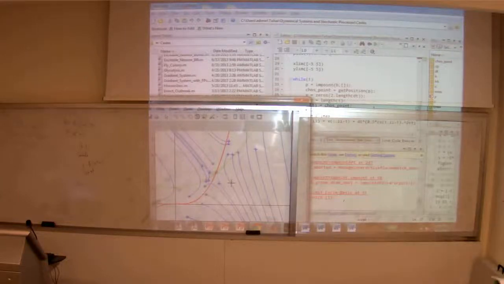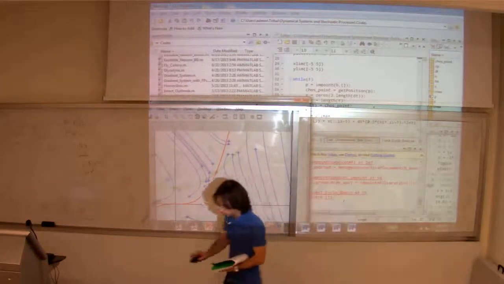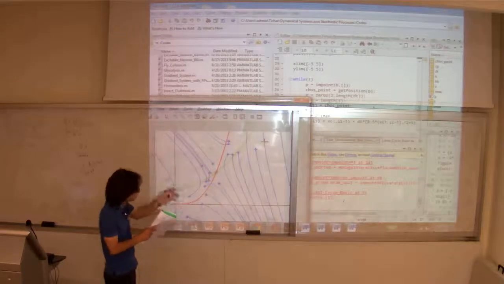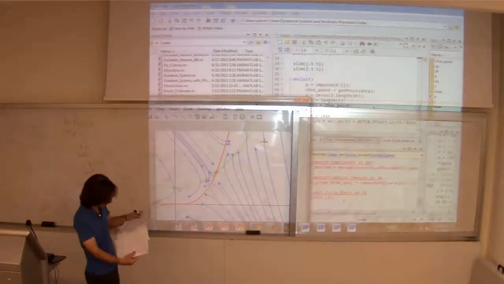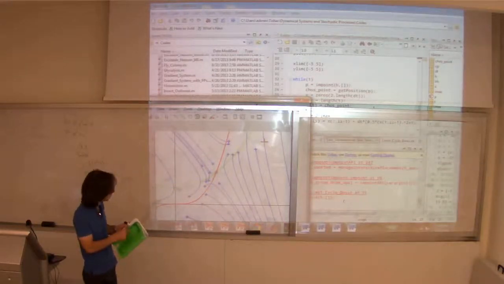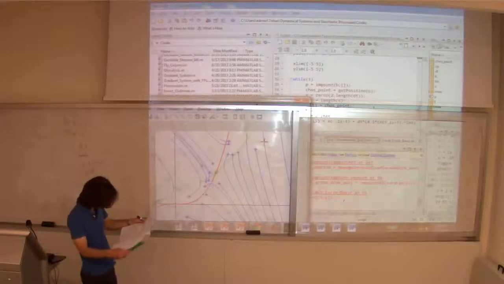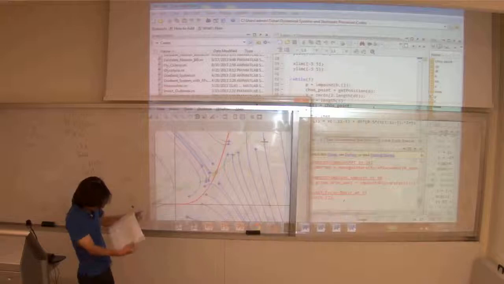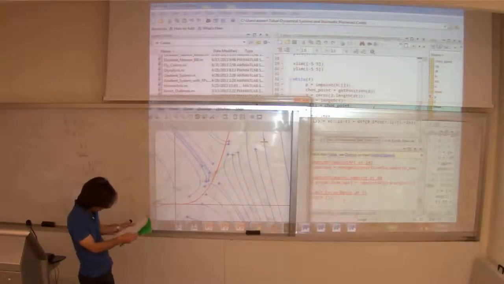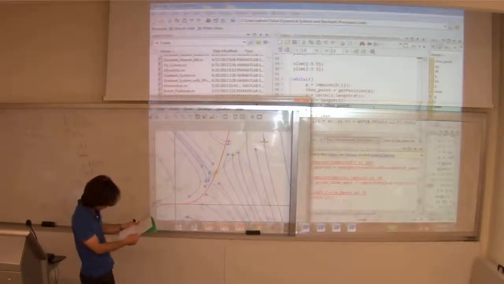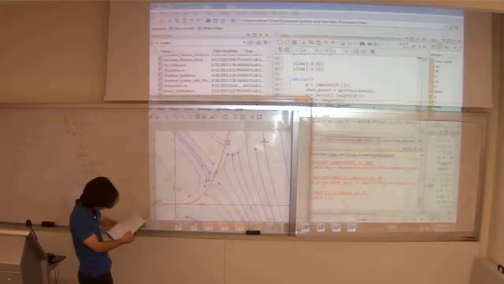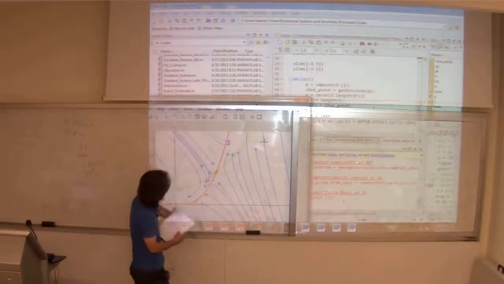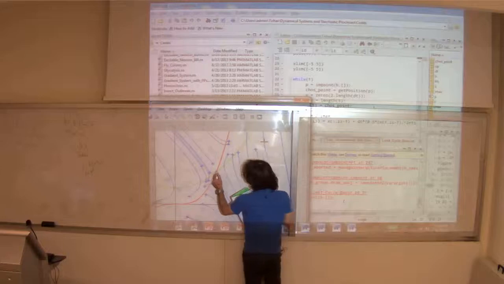And this is in line with the eigenvectors that I did not plot here. Let's see what the eigenvectors were. We had one vector that was 1 and minus square root of 3.